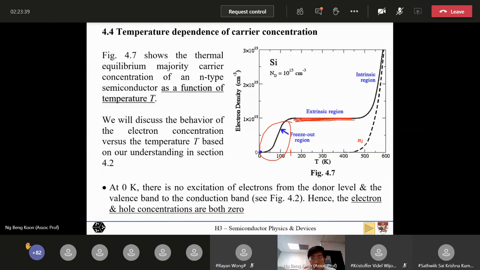We call this the extrinsic region. Beyond a certain temperature of 450 Kelvin for silicon, the electron concentration starts to increase again. We call this the intrinsic region. All right, so we're going to try and understand specifically what these different regions are and why they behave like that.